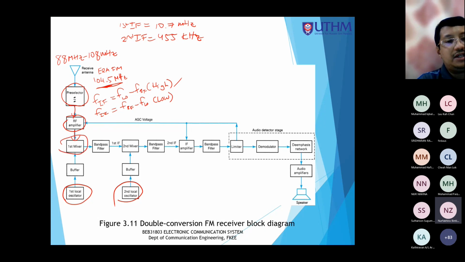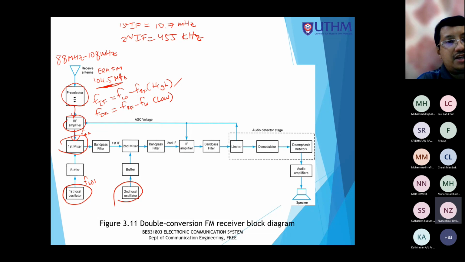The first mixer will mix the signal FLO1 with FRF.